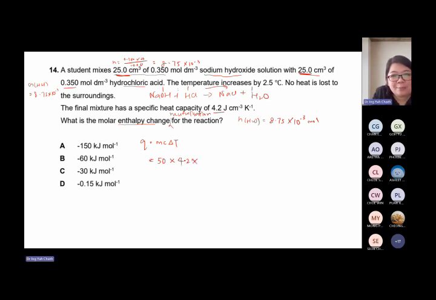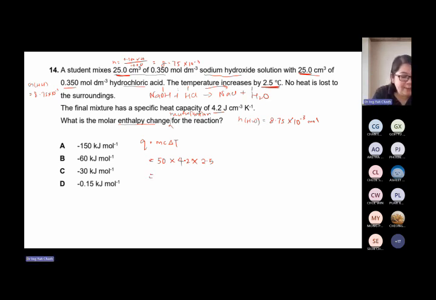Delta T is given to us, the temperature increases by 2.5 degrees Celsius. Now, of course, we have to actually use Kelvin, but when it comes to temperature change, the change in degrees Celsius and the change in Kelvin will be the same because you're deducting two values. So they will be the same, 2.5.